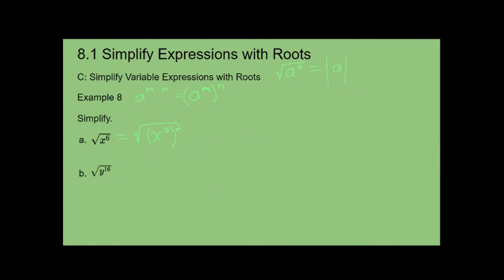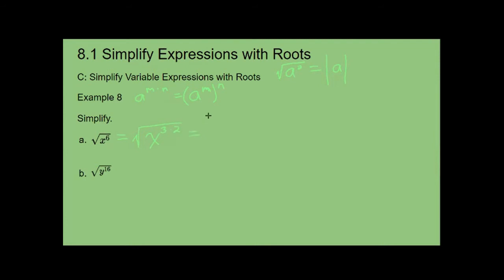Let me go back and rewrite this a different way for some of you who may not be completely following what I just did there. If you can go directly to that step, awesome. But if not, this step may help you. You can say the square root of x to the 3 times 2, because x to the 6 is equal to x to the 3 times 2.